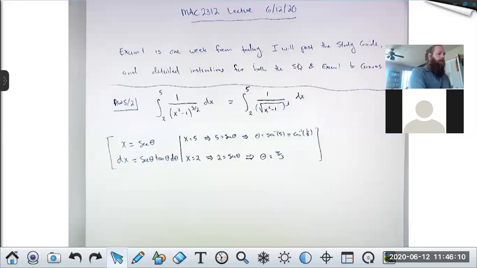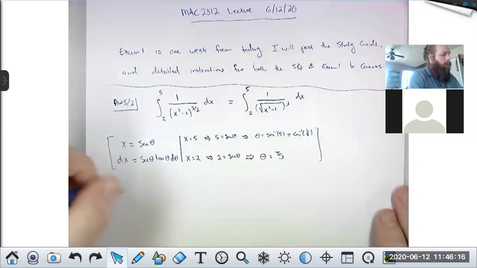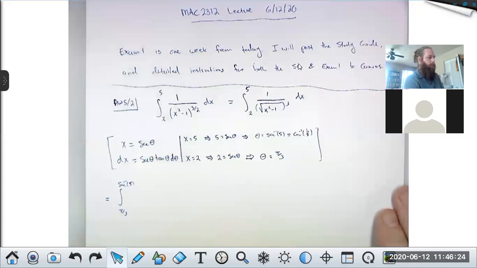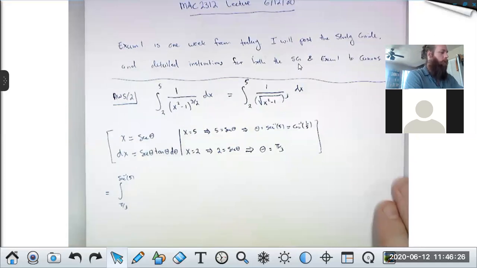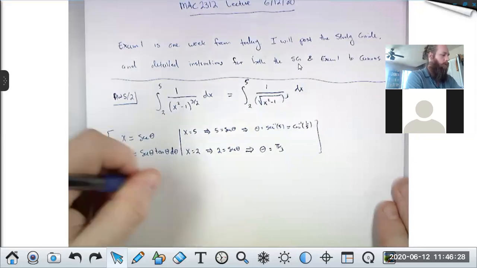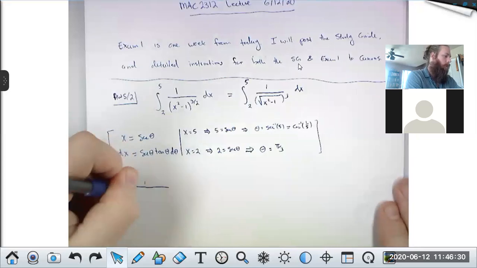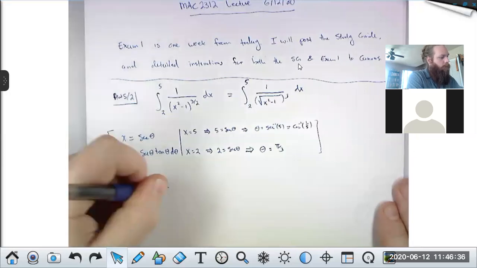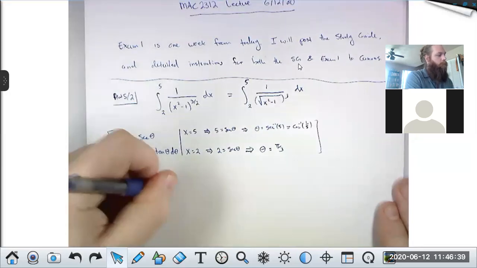But when I write the integral, I'll be writing my upper bound as the inverse secant of 5. So I have the integral from pi over 3 to the inverse secant of 5, 1 over x squared, that's secant squared theta, minus 1 raised to the 3/2 power.